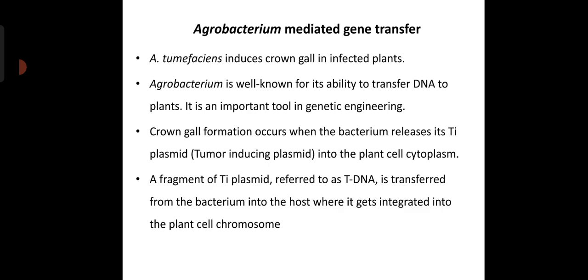So this tDNA gets transferred from the bacterial plasmid to the plant cell genome. The plasmid is named the Ti plasmid, tumor inducing plasmid, first studied by Larebeck and others in 1975. The tDNA expresses itself along with the normal host DNA.